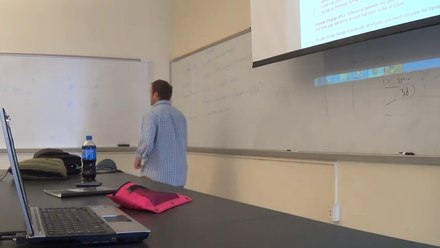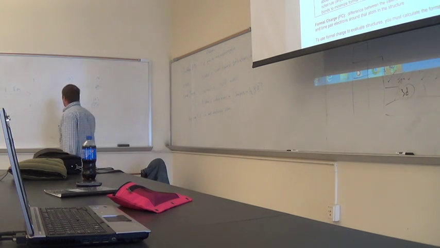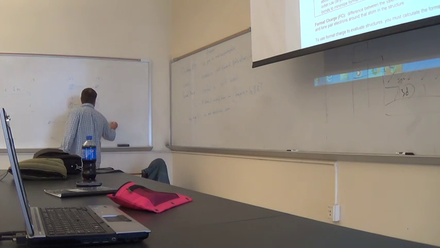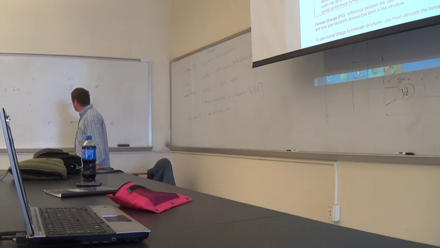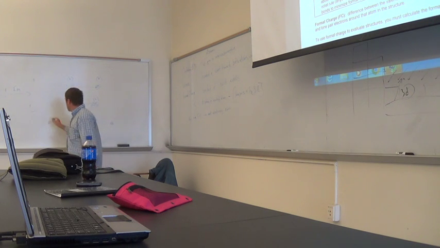Let's give you another example discussing formal charge. So this is really generic. Let's say that we have some linear molecule, and you got a couple of different Lewis structures that are available to draw on this molecule.